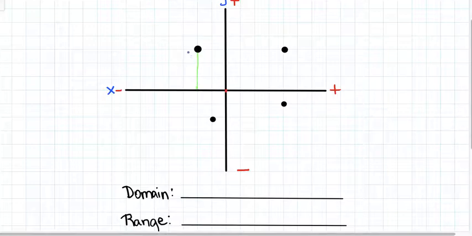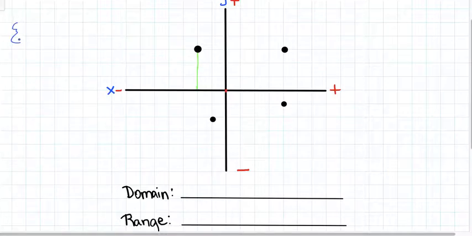From here, I'm going to start at the origin, and the point is to the left. So I'm going to count over how many spaces: 1, 2. We went on the X-axis 2 spaces, and it says we're in the negatives, so that is going to be a -2. I'm going to write down the ordered pairs.